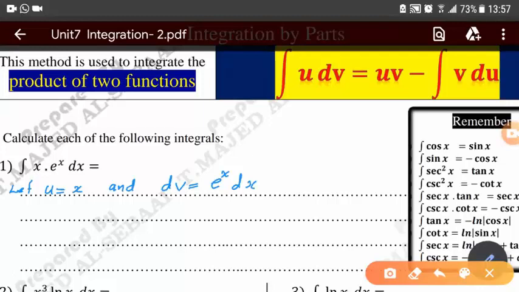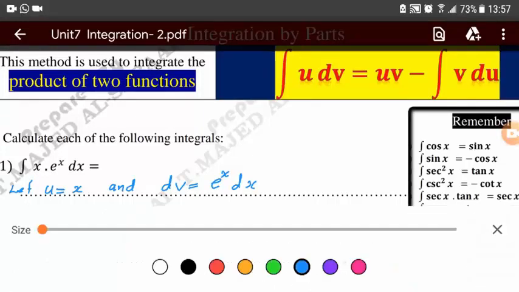I want you to see that I divided my integration into two parts. This part I called u, and this part I called dv, and I have here the integration of u dv.